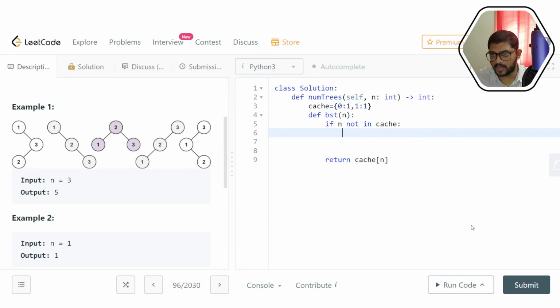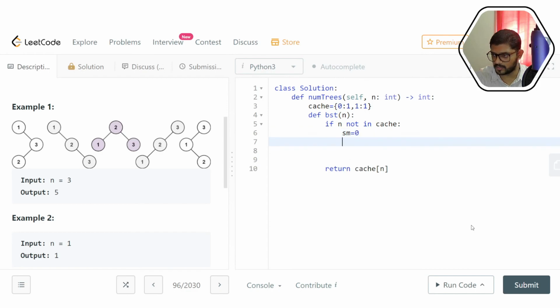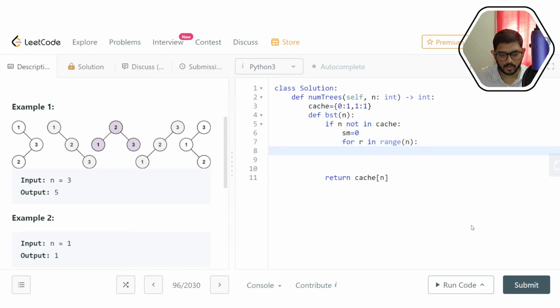But if the value is not present in the cache, what are we going to do? In that case, we are going to create a variable called sum, and we are going to run a for loop for r in range of n. We're going to add sum is equal to sum plus bst of r times bst of n minus 1 minus r.